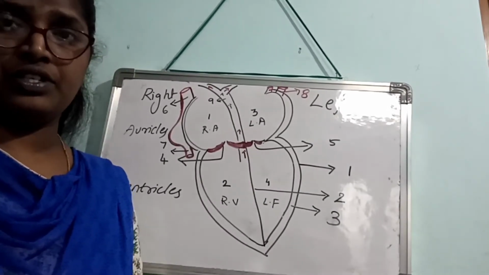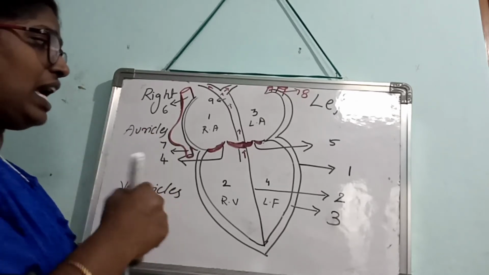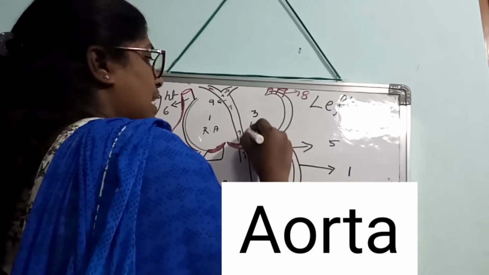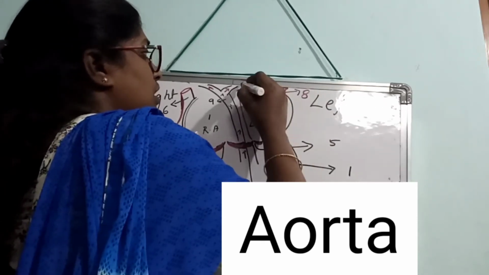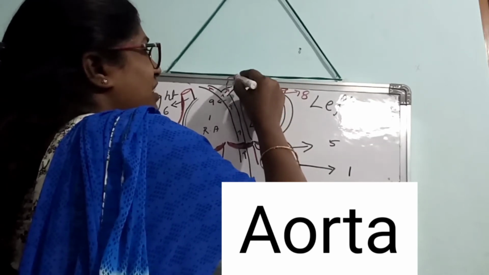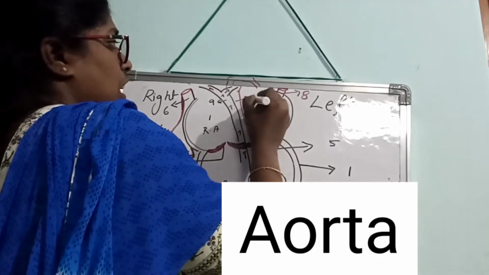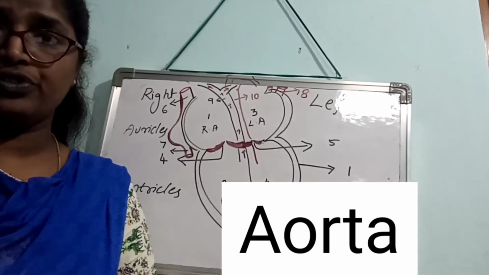Now, from the left side, we have a very big artery called the aorta. Number 10, the aorta.